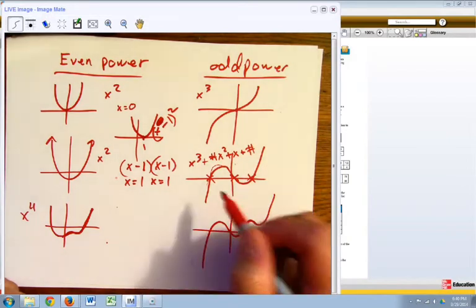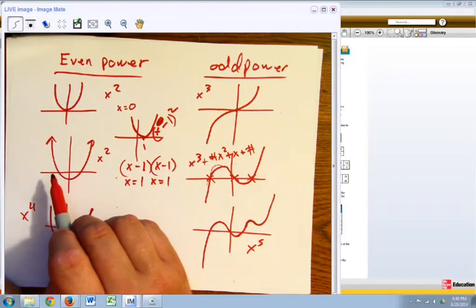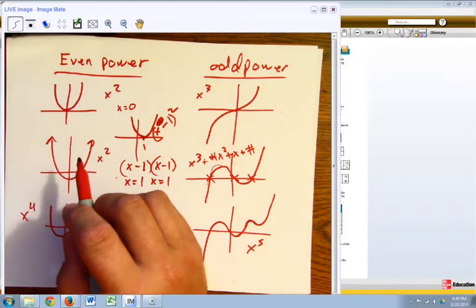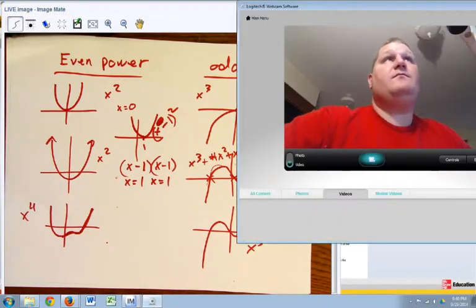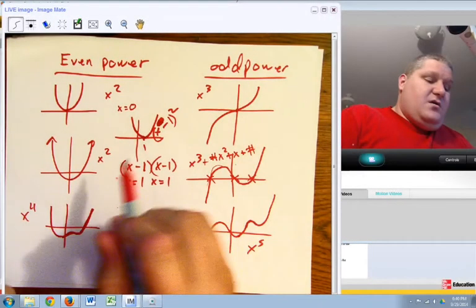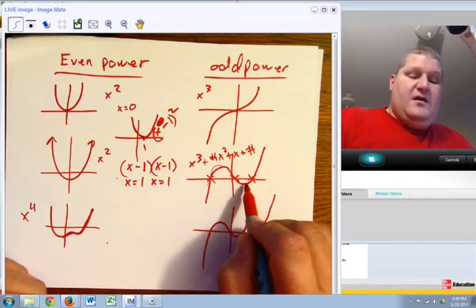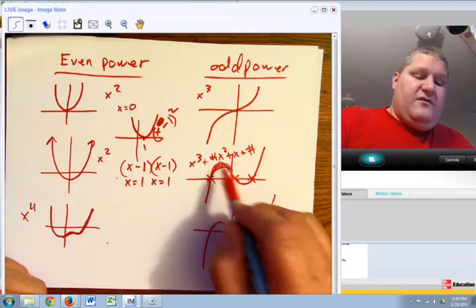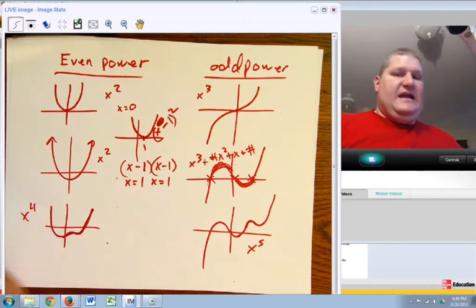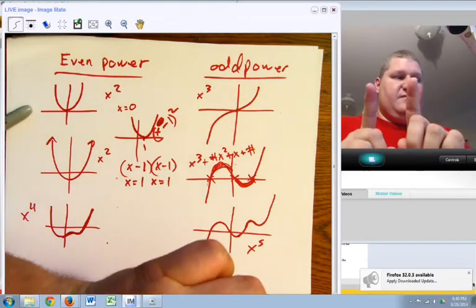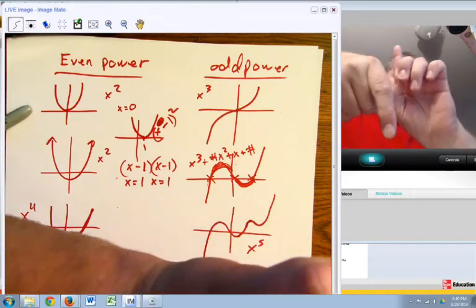You also notice we have power of 2, 2 possible solutions, or 1 turning point, 1 less than the power. But over here, we have a power of 3, and I have 1 place where it turns around, 2 places where it turns around. Do remember that in even functions, the ends have to go the same way. So you have even functions versus odd functions.